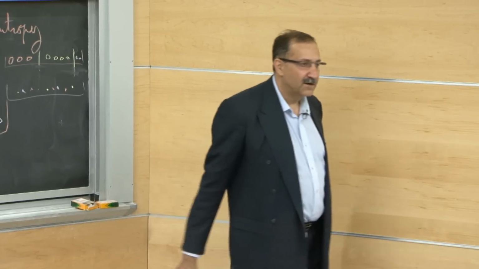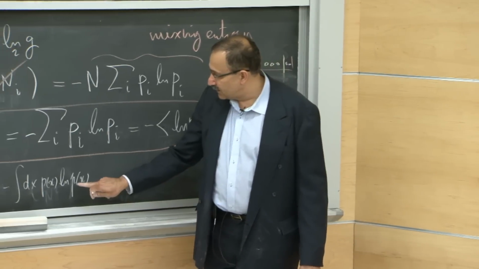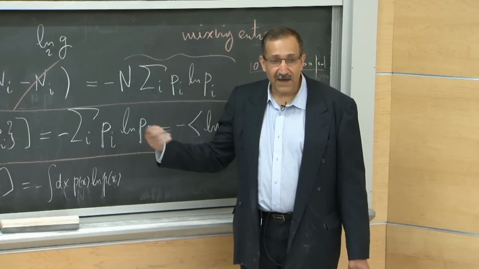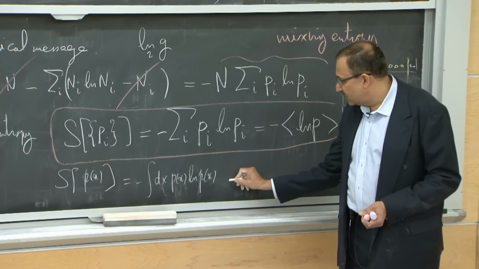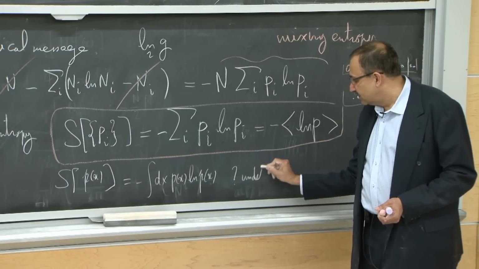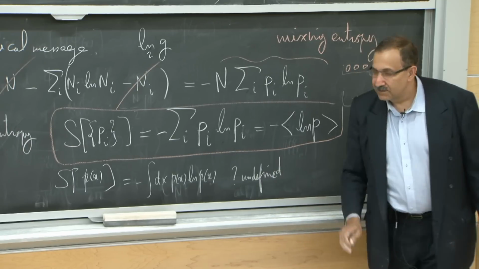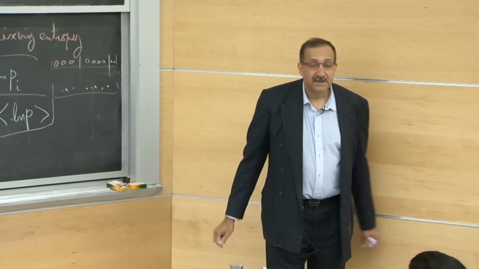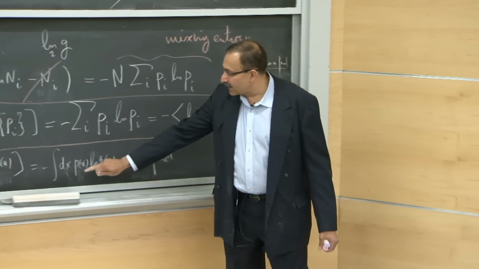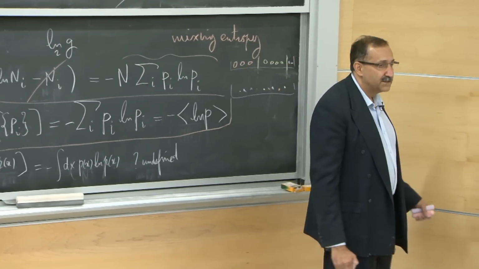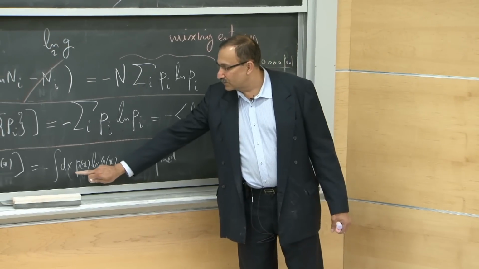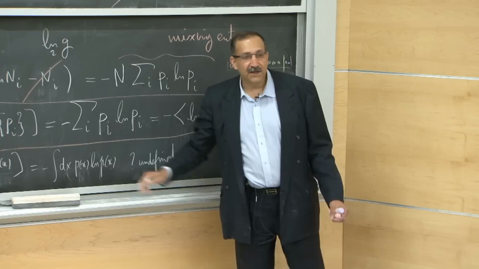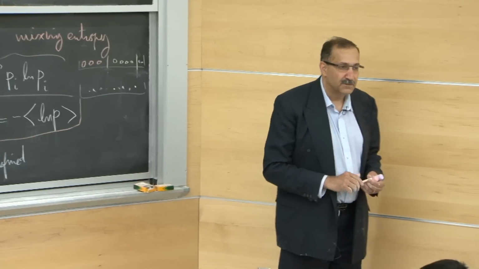If this was probability along a line and I changed my units from meters to centimeters, then this log will gain a factor that will be associated with the change in scale. So this is kind of undefined. One of the miracles of statistical physics is that we will find the exact measure to make this probability in the continuum unique and independent of the choice of units. There is a very precise choice of units for measuring things that would make this well defined.